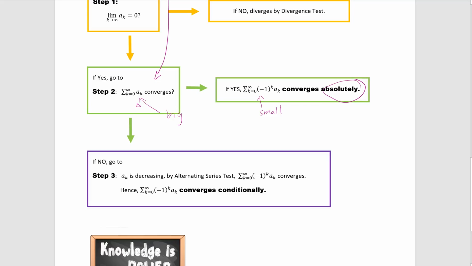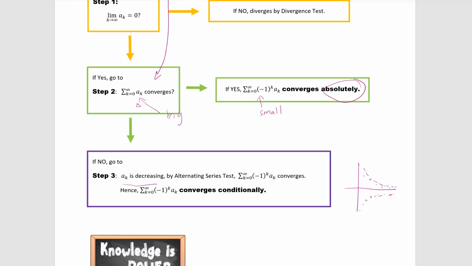Usually you realize the a sub k is decreasing, because by step 1, we proved that the limit of a sub k is 0. So the series looks like that, alternating, switching back and forth.